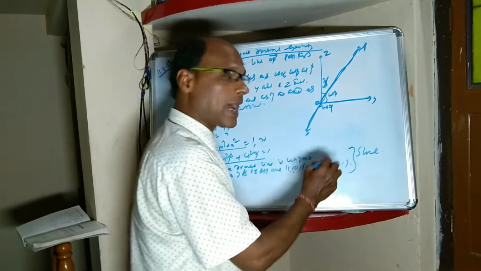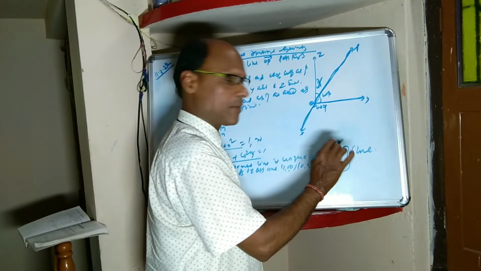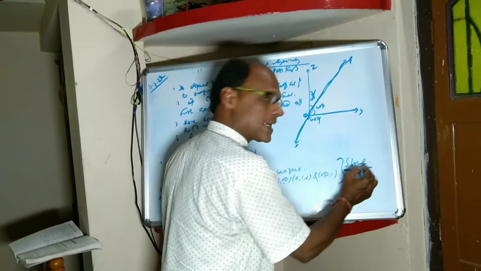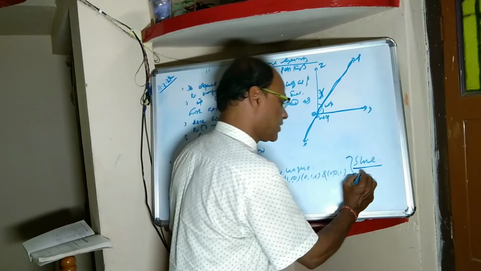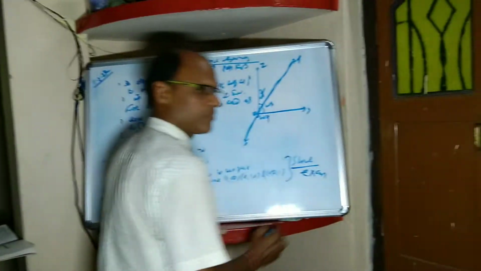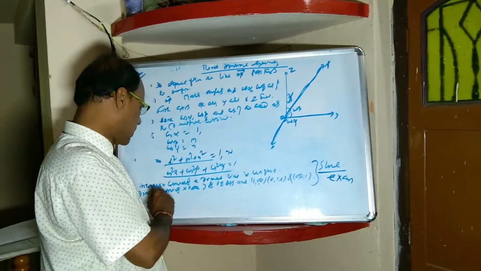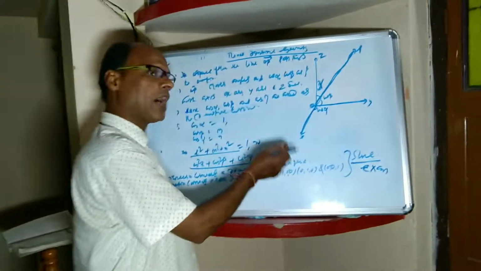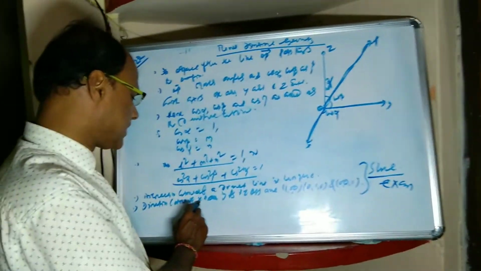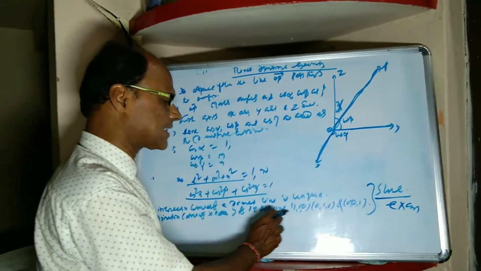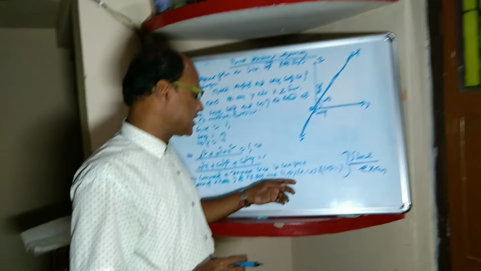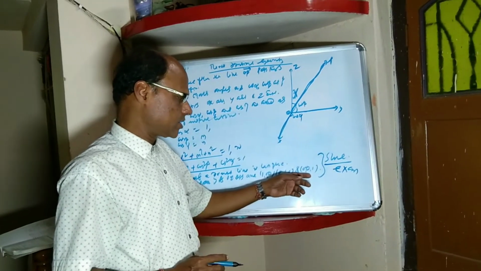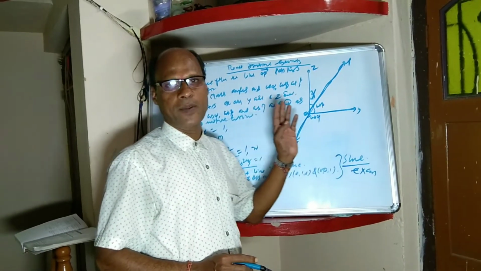It is sure to be asked as a short question in your exam: what are the direction cosines of the x, y and z axes? They are 1, 0, 0, 0, 1, 0, 0, 0, 1.